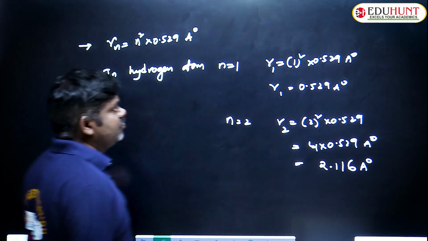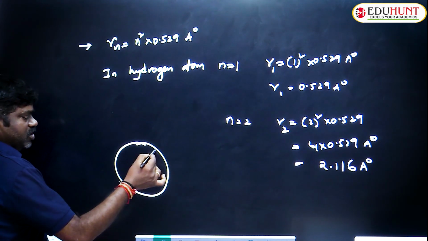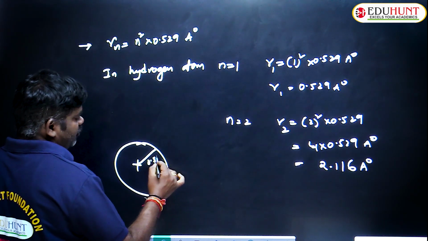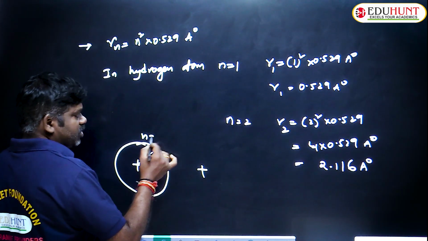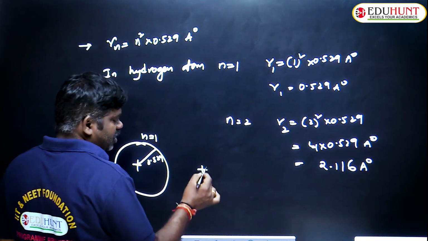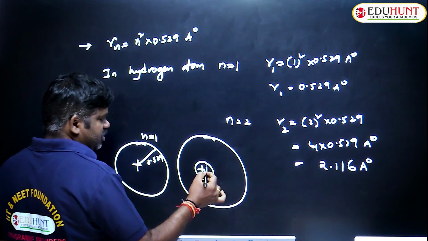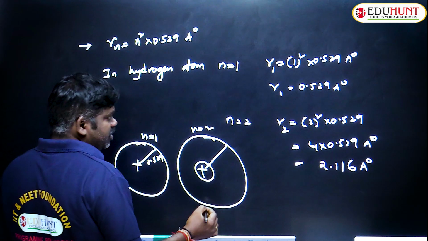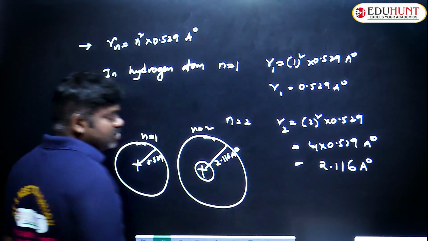So, in a hydrogen atom, the radius of the orbit for n is equal to 1 shell is 0.529 angstroms. If you take the second shell, n is equal to 2, what is the radius here? 2.116 angstroms.